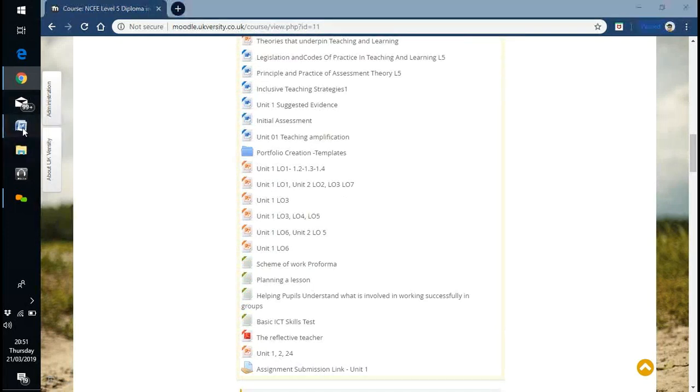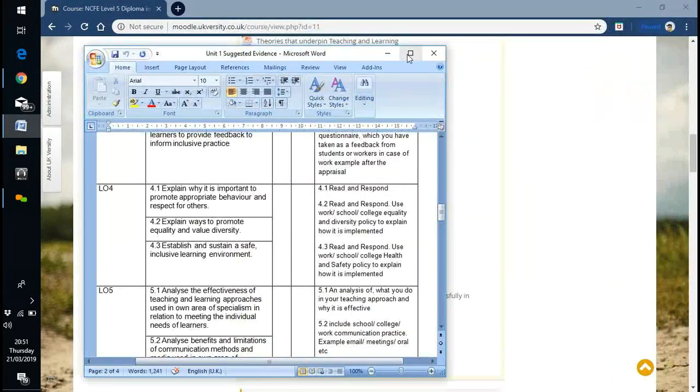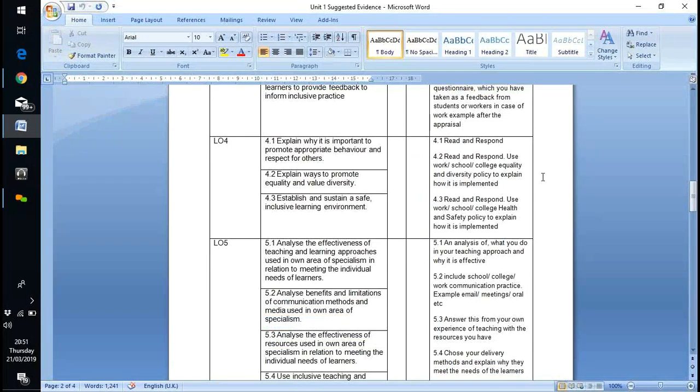Go back to my little sheet, which I can now open up fully. So looking at 4, the 3 remain, looking at behaviours, explain ways to promote equality and value diversity, and establishing a safe and inclusive learning environment.